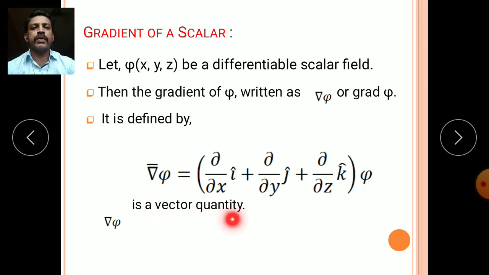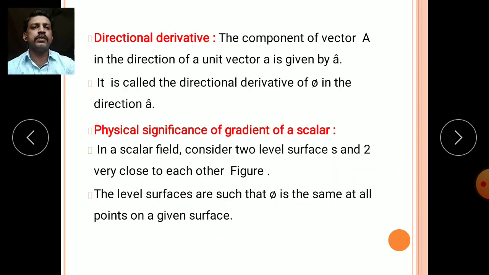It is a vector quantity, so here the vector arrow is shown, given by del phi. So this is the representation of grad phi.